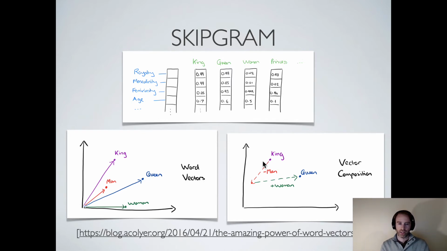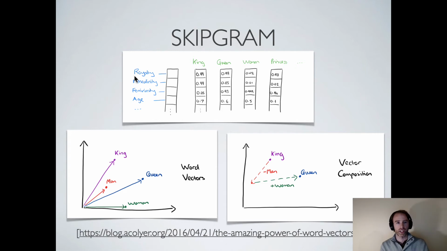So that's the composition. You have king, you subtract man, you add woman, and you obtain the vector corresponding to queen. The principle is that each element of these vectors represents something.